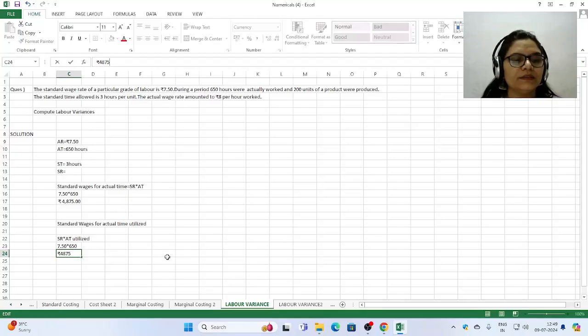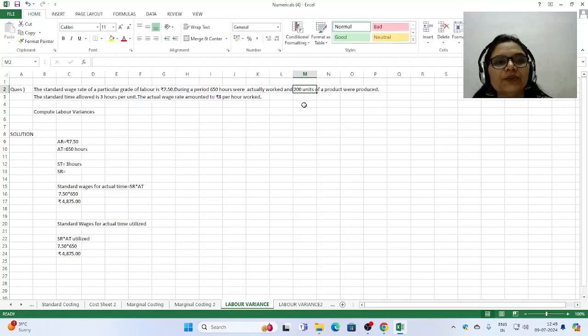Next is standard wages for standard time for actual output. Now, in the question, it is given 200 units were produced and time allowed was 3 hours per unit. So actual output was 200 units and time allowed is 3, so standard time for actual output is 600 hours.